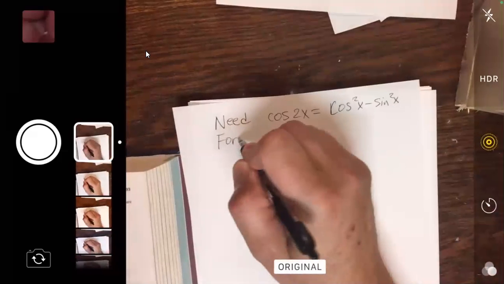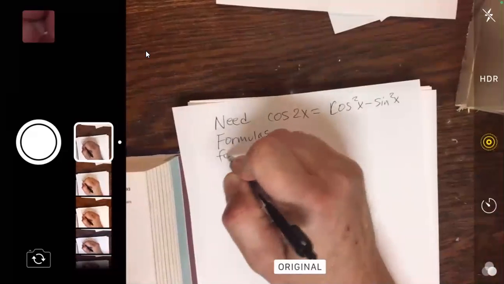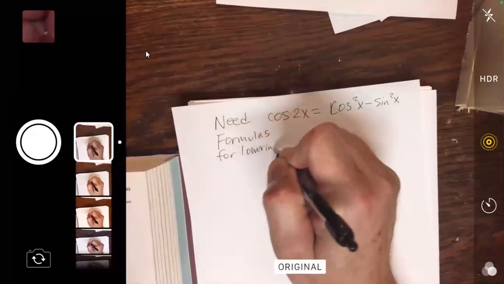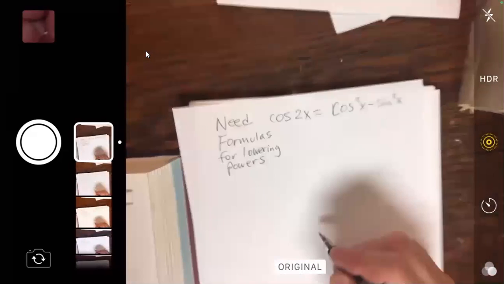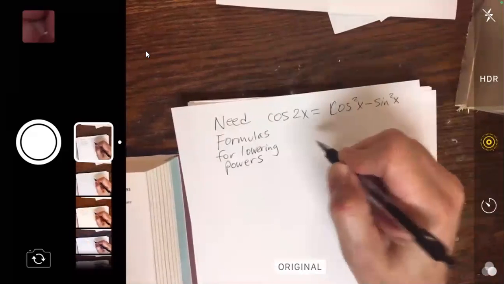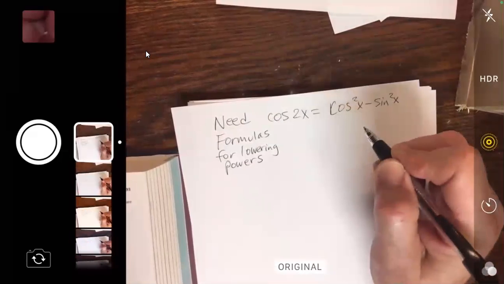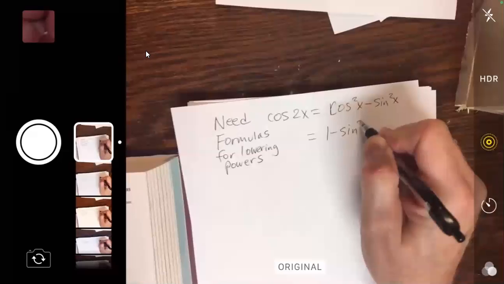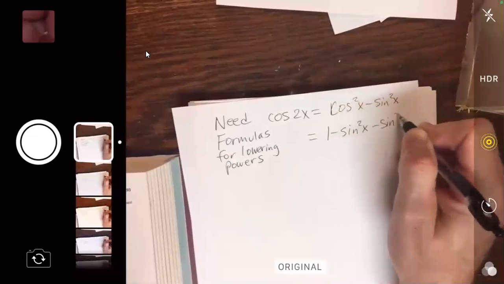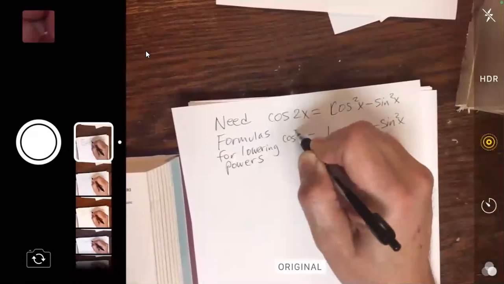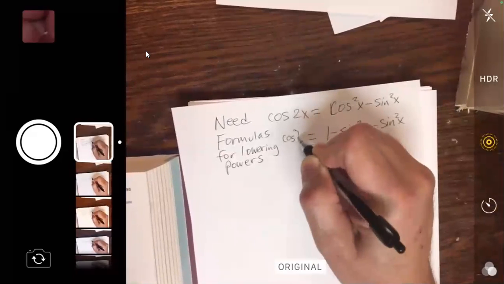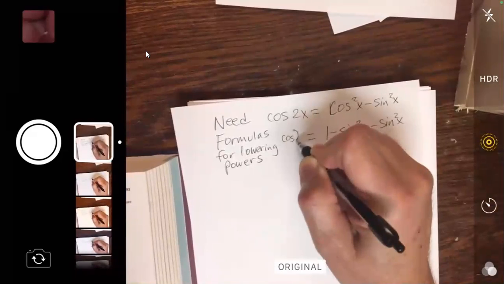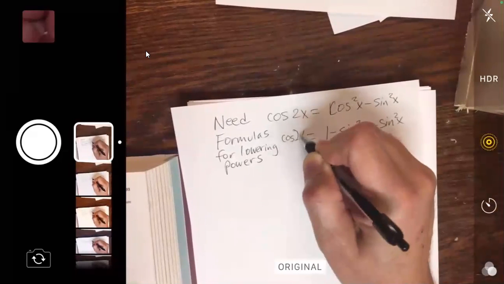This is called formulas for lowering powers. All right, solve for sine squared. Actually, you might need version 2, I guess. So you remember you have 1 minus sine squared. Cosine of 2x is 1 minus 2 sine squared.